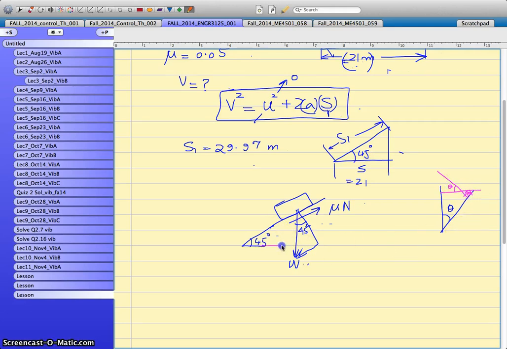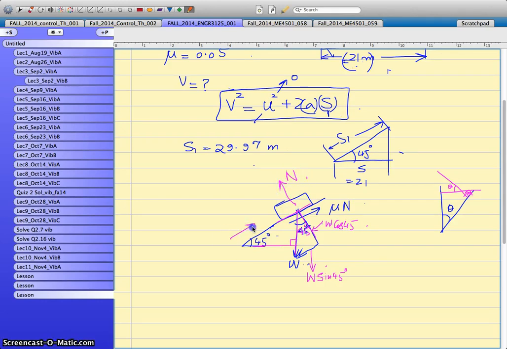So this is one line, and the perpendicular on this line is this one, so you should see the same angle on their perpendiculars. So what is this side, W sine or cosine 45? It doesn't matter, both are the same angles, but this is 45 and this is W cosine 45, and the normal reaction is this one.